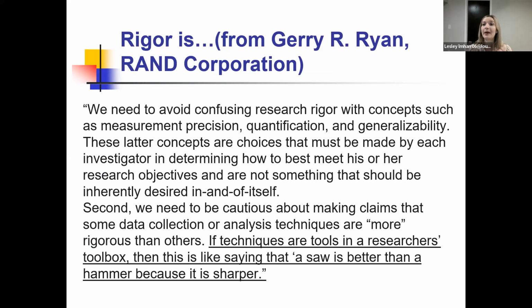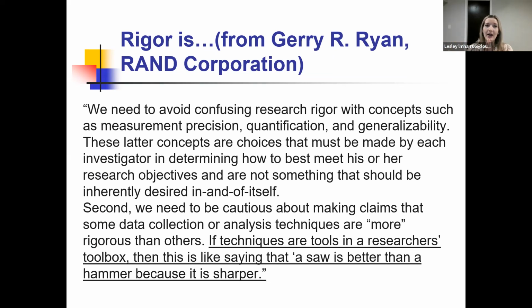Lastly, I want to touch a little bit on rigor. What is qualitative rigor and what does it look like compared to quantitative rigor, which we are going to go over later in the semester when we get into some quantitative data analysis techniques and some statistical data analysis in a few weeks. So we're focusing now on qualitative data analysis.